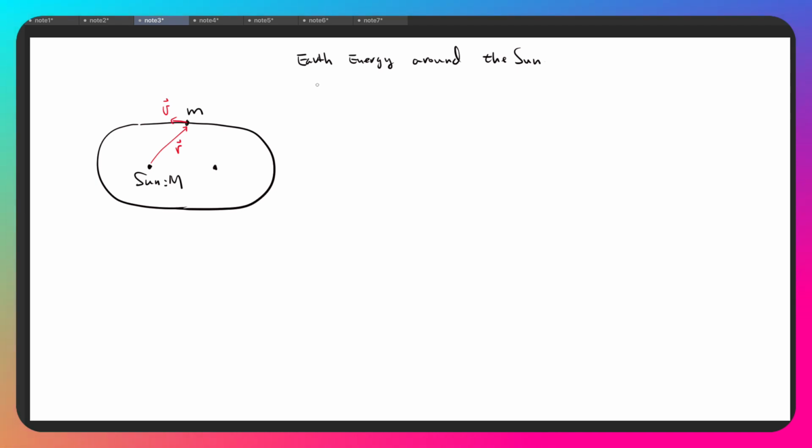Then we can write down Earth energy is 1/2 mv squared minus GMm over r. Okay, so that's a similar formula with the satellite energy.